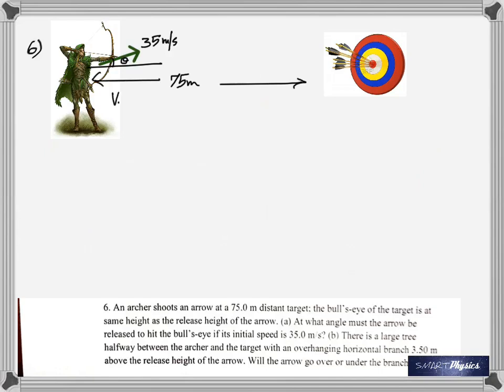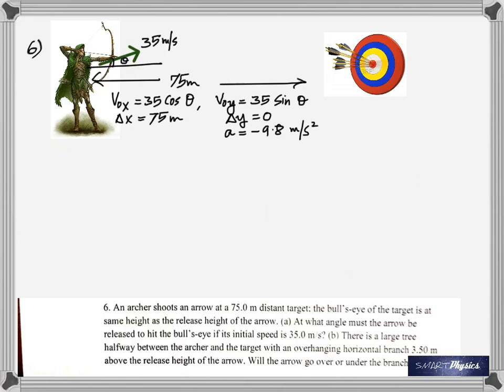This distance is 75 meters and VOX is 35 cos theta. VOY is 35 sine theta. We know that. Delta X is 75 meter. Delta Y is 0 because it hits at the same level. And A is minus 9.8 meter per second squared. Can we find the time? Yes, we could.